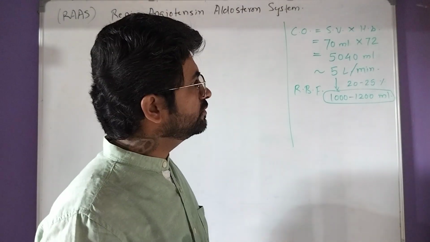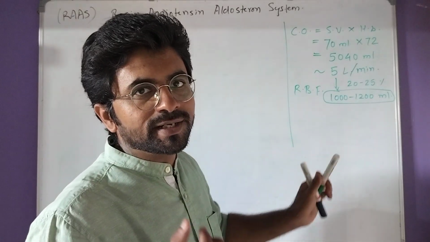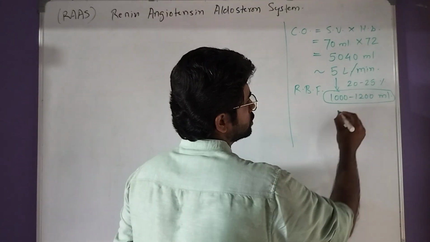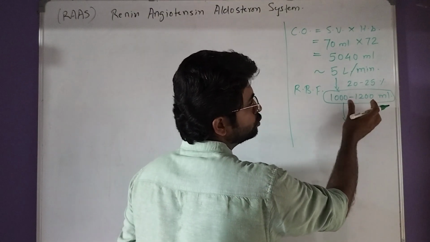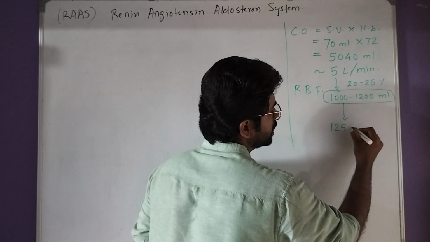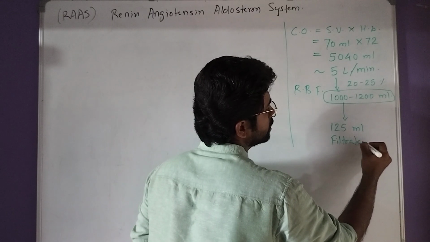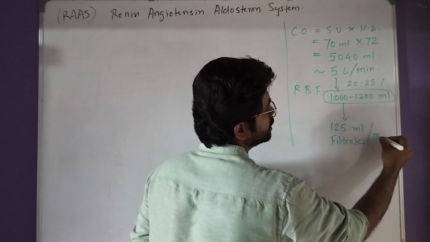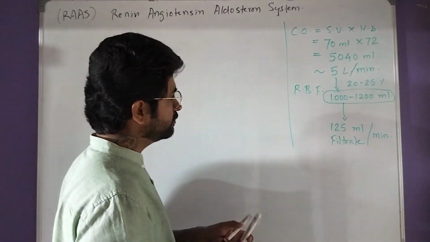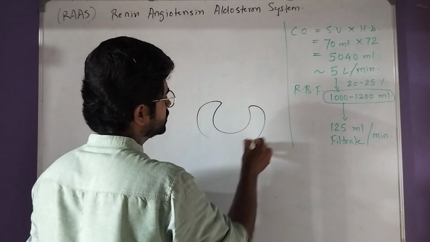Now if this much blood is coming inside the kidney, how much filtrate is formed? Out of this 1000 to 1200 ml of blood, 125 ml of filtrate is formed per minute. Where is the filtrate formed? Suppose this is your Bowman's capsule.